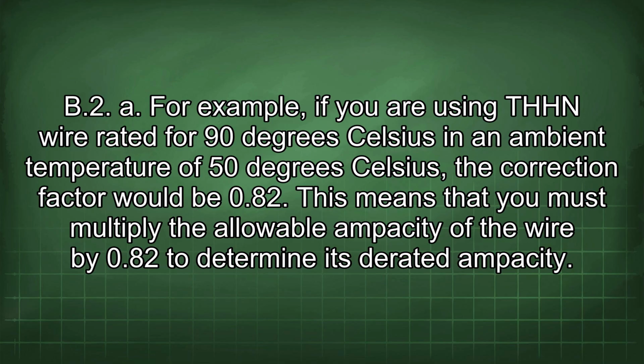For example, if you are using THHN wire rated for 90 degrees Celsius in an ambient temperature of 50 degrees Celsius, the correction factor would be 0.82. This means that you must multiply the allowable ampacity of the wire by 0.82 to determine its derated ampacity.